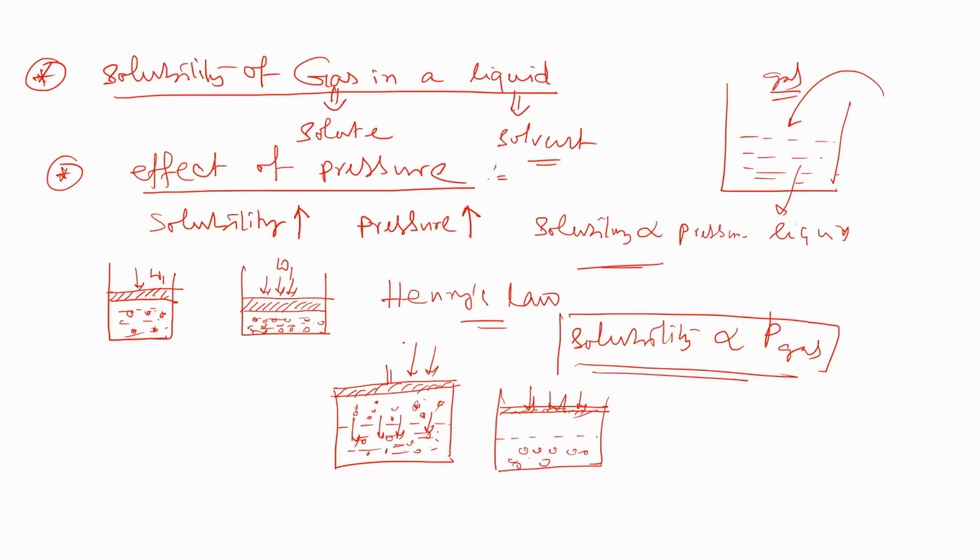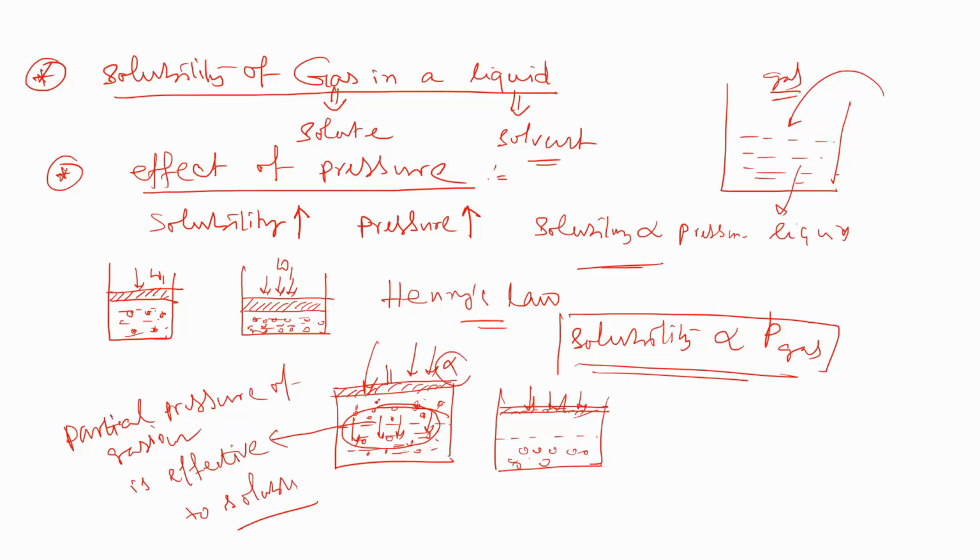We are creating a pressure from the outside on the piston, but this pressure acts on the gaseous molecules, and these gaseous molecules also create a pressure on the liquid surface. So this partial pressure of the gaseous molecules is effective for solubility.